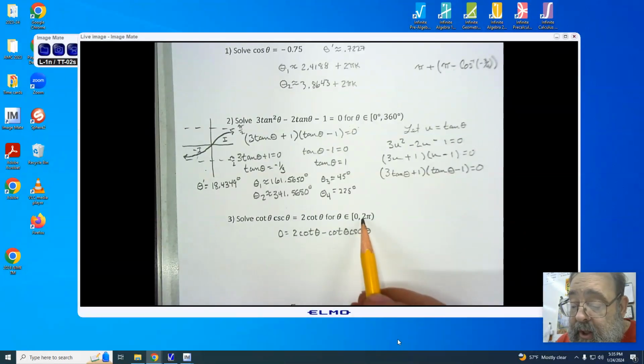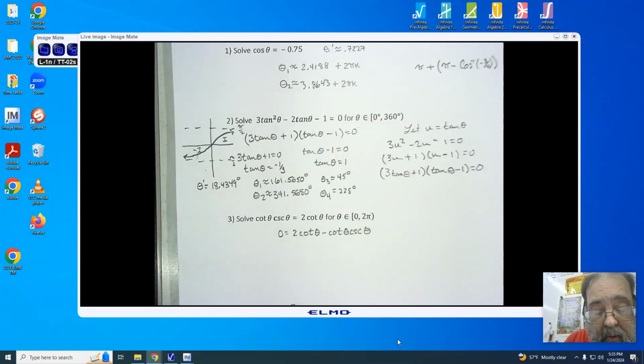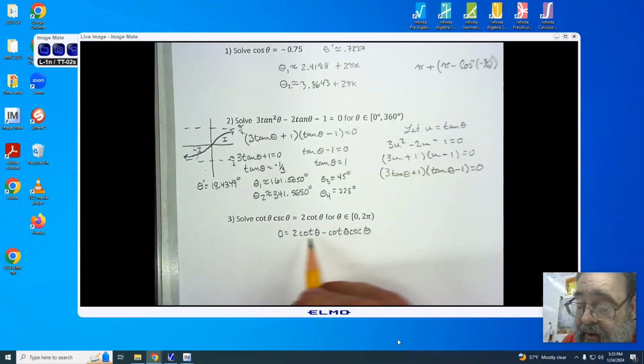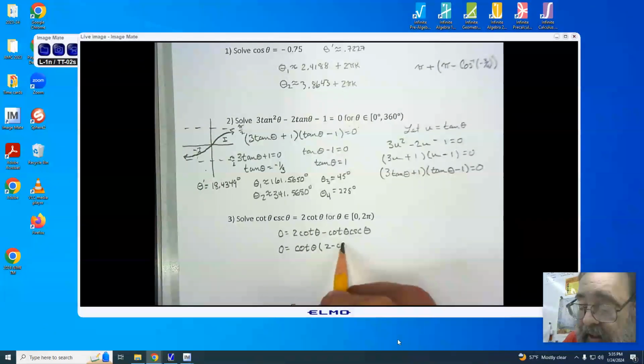We're also changing our mode into radian mode, so I'm going to do that first. Changing into radian mode, and now I can factor out the cotangent so that 0 equals the cotangent of theta times 2 minus the cosecant of theta.